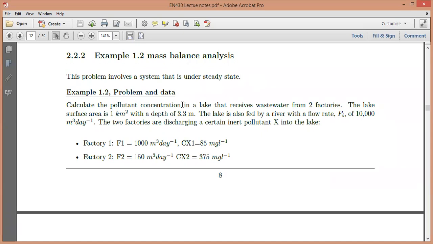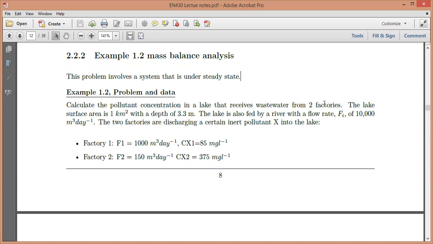So the question says, calculate the pollutant concentration. I want you to imagine this very, very well with me. I'll be slow in my explanation also. Calculate the pollutant concentration in a lake that receives wastewater from two factories.